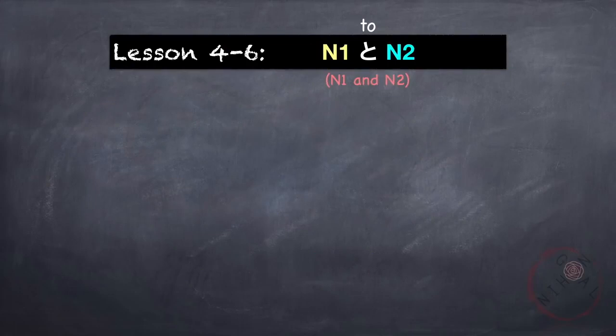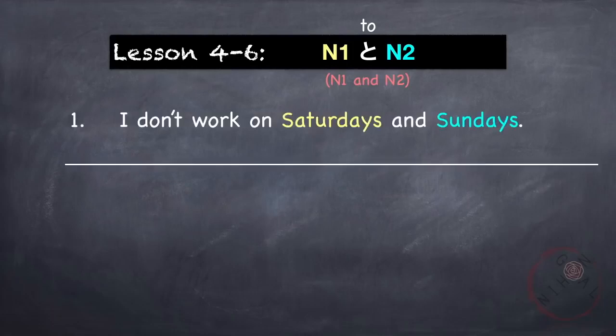Next is the particle と, meaning and. So this is used to connect two nouns. N1 と N2, or N1 and N2. For example, I don't work on Saturdays and Sundays.